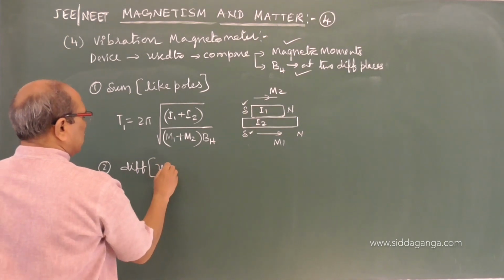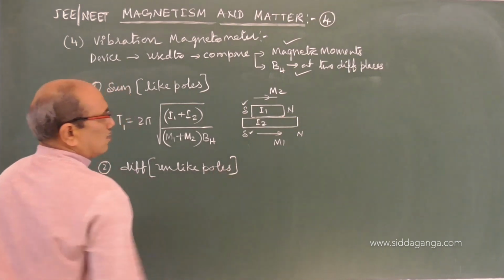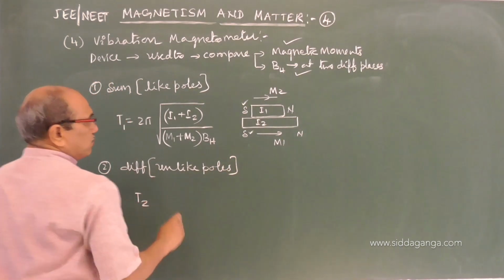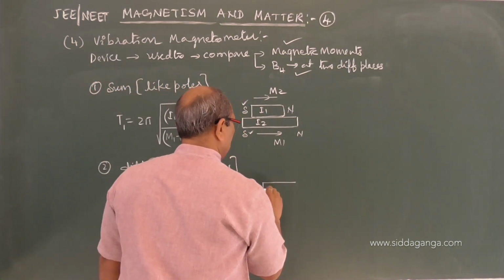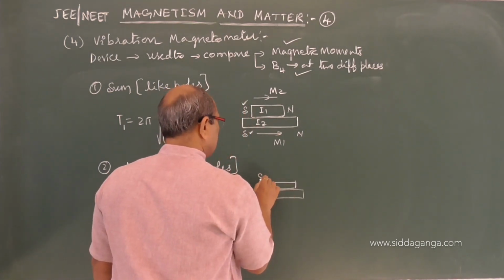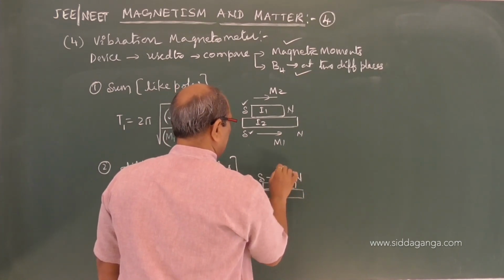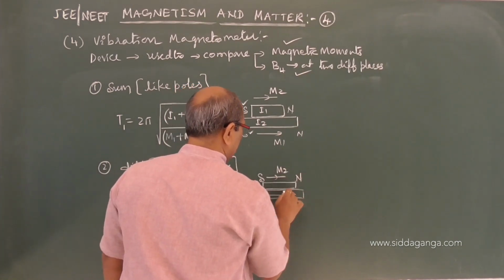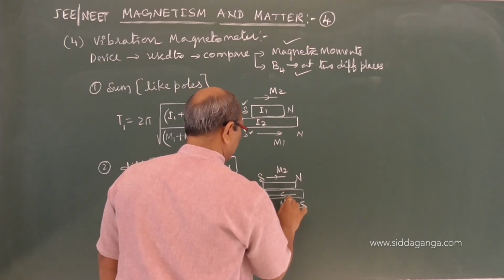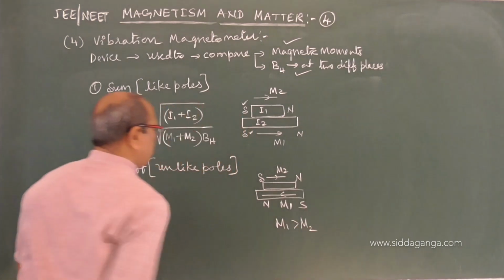When placed with unlike poles, one above the other, oscillations are allowed. It is S and N of M2, and N and S of M1, with M1 greater than M2.